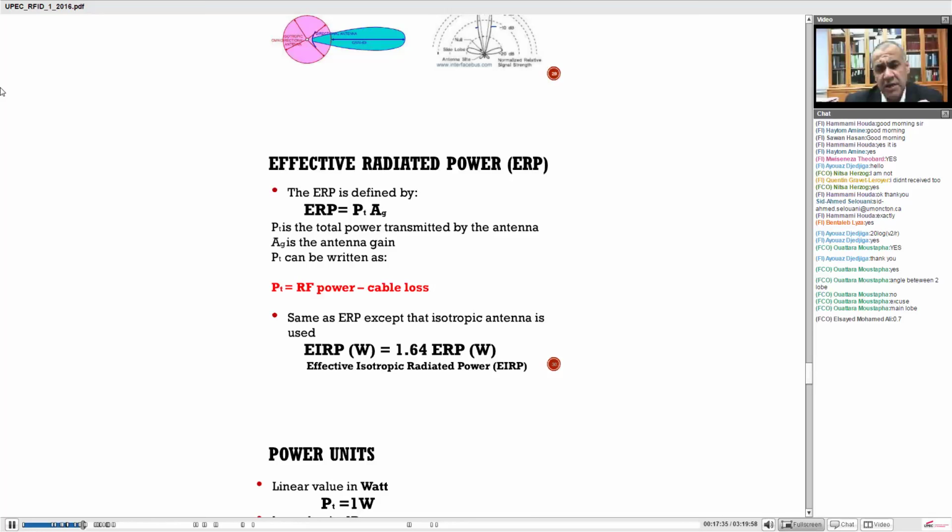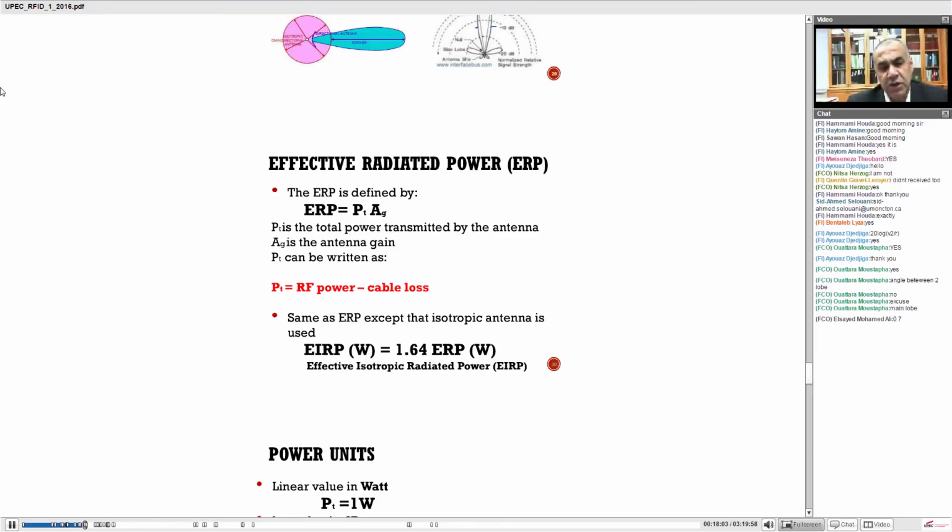It's a power. But we told you that power, PT, is equal to the original power sent by the reader, and we reduce the cable loss because we connect the antenna to the reader by using the cable, and we know that by using cable we lose power. So the real power, the true value of the power is PT, which is used by the antenna.